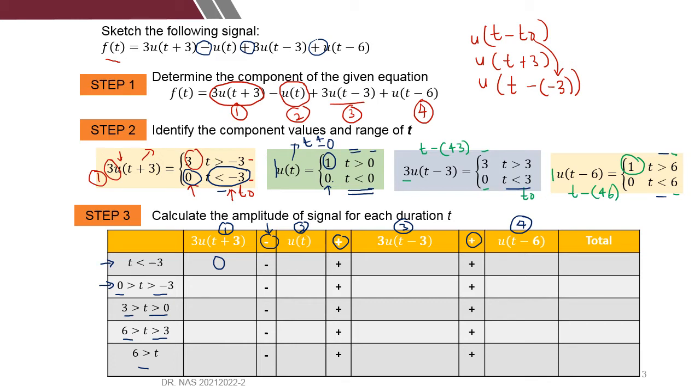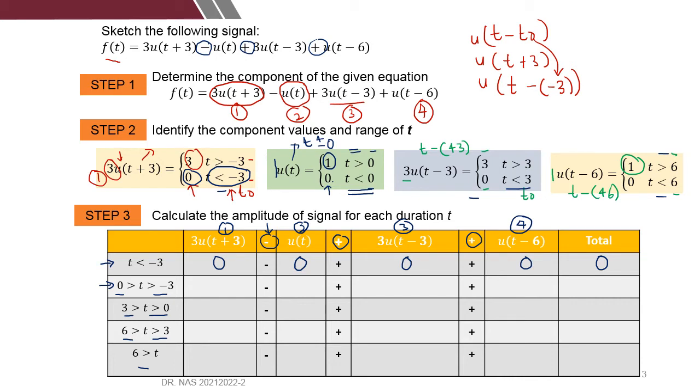When t is less than minus 3, any value less than 0 is always 0. Moving to the third component, t is less than minus 3, so any value less than 3 will always be 0. Same goes for the fourth component. So total them up, and you get 0.